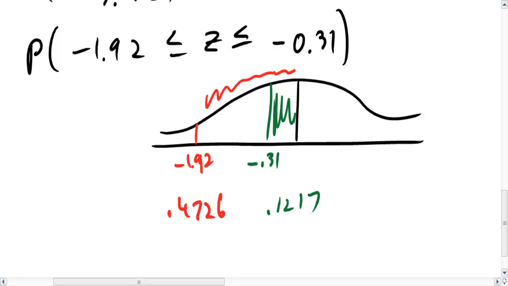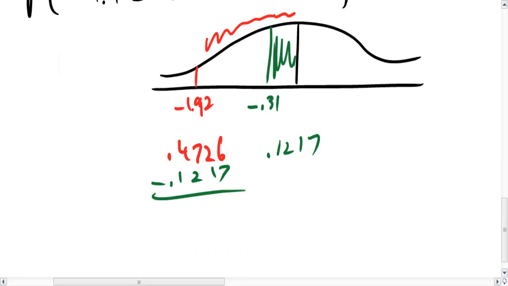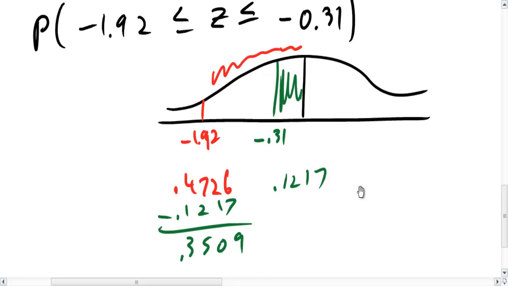So we need to take our red value and subtract our green value. So 0.4726 minus 0.1217 gives us 0.3509. So we know that the probability for this problem is 35.09%.